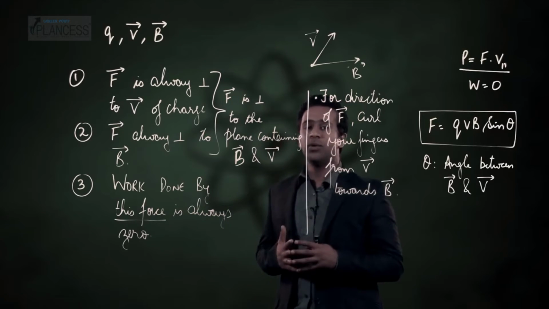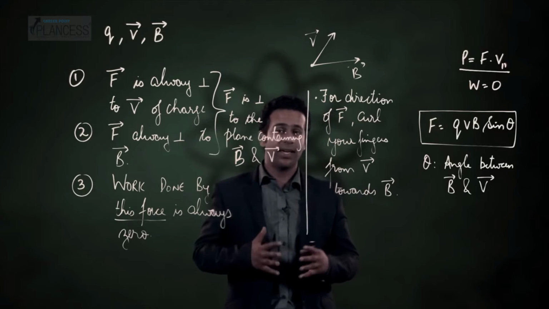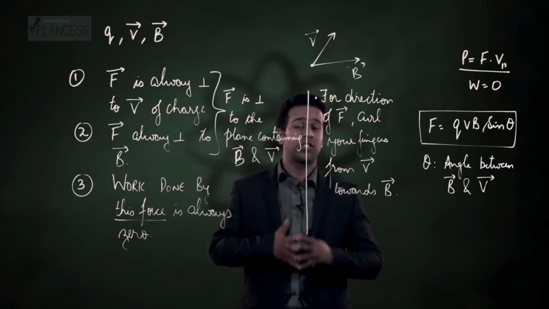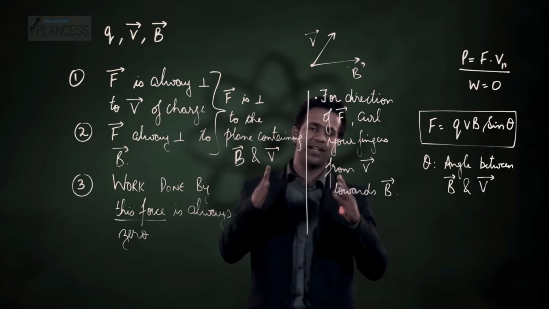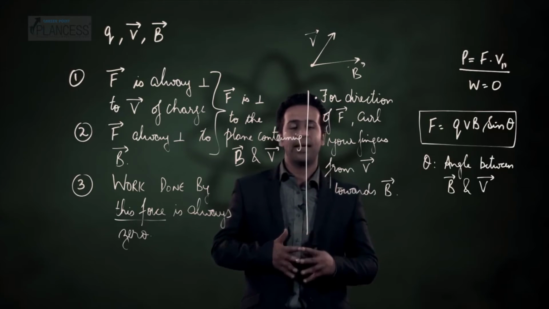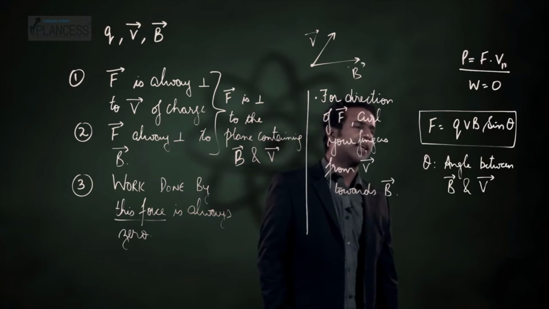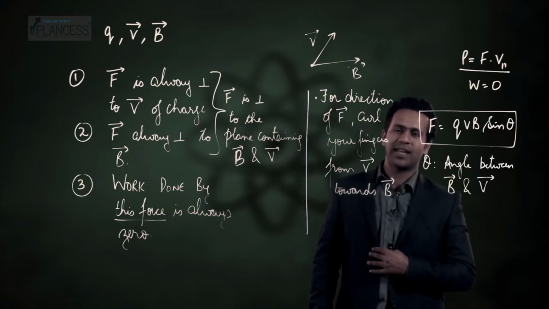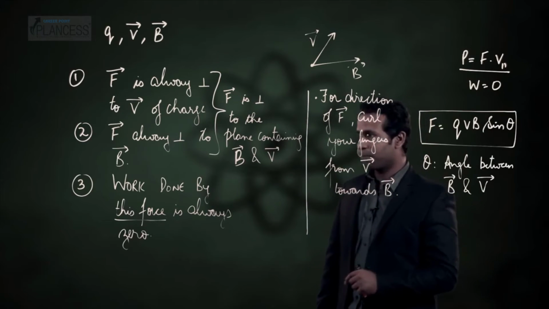Then we found that due to the first two properties, we could say that the force is always in a direction which is perpendicular to the plane containing B and V. And lastly, we learned that its magnitude is given by QVB sine theta, where theta is angle between B and V.